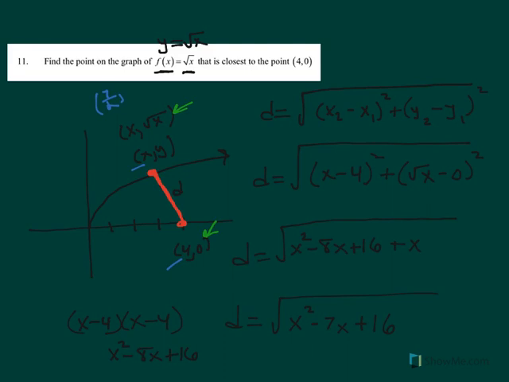So what would the y value be if we put that back into the equation? So the original function here. So we know y is equal to the square root of x, and we know our x is just 7/2. So the y coordinate is going to be square root of 7/2.